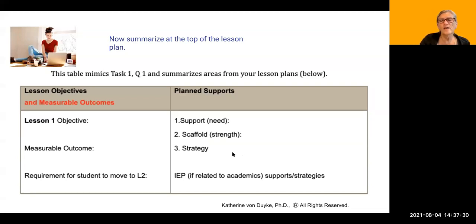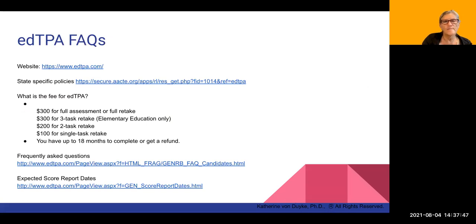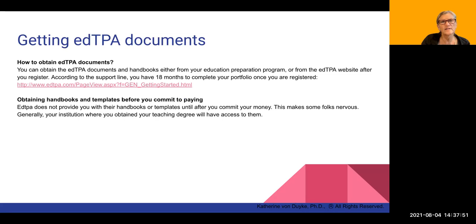And then what strategies might you use to help them do this work on their own or do it more successfully? And then if their IEP has a section related to academics and recommends a support or a strategy, you can put that there.